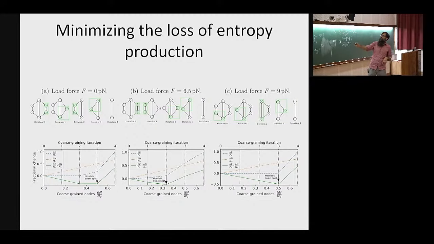So the optimum here is a description that keeps both cycles but simplifies both cycles into 3-state cycles. Okay, so here the optimum is this 1 3-state cycle. Here it would be the 3-state backward cycle, and here it would be keeping both forward and backward cycles but having them simplified.